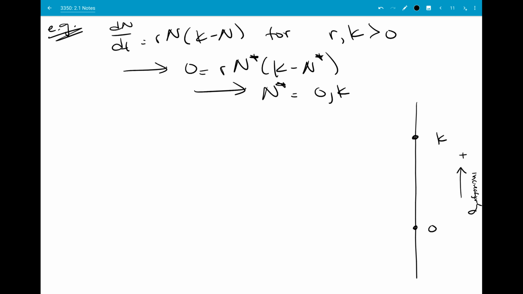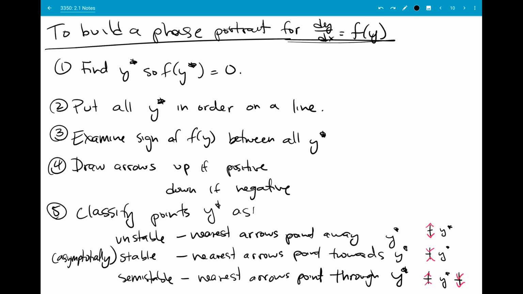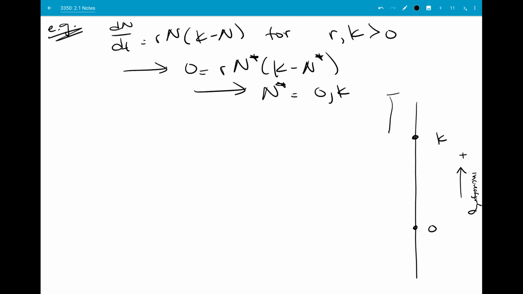And then what I'm going to do is look at the sign of f of y between all y. I'm at this step right here. And so between is going to be in 3 regions. It's going to be there, there, and there. So all of these are values of n.